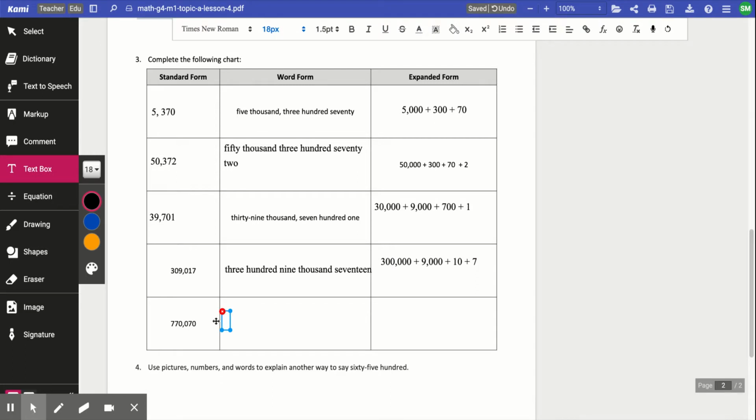All right, last one in the chart. 770,070. That's a lot of sevens. So in words, I would write exactly that. 770,070. That's interesting.